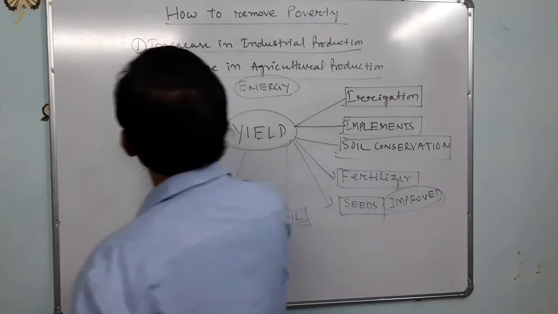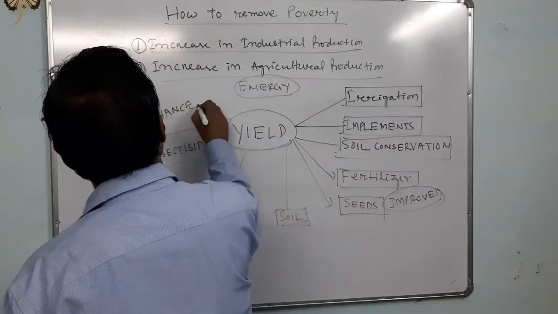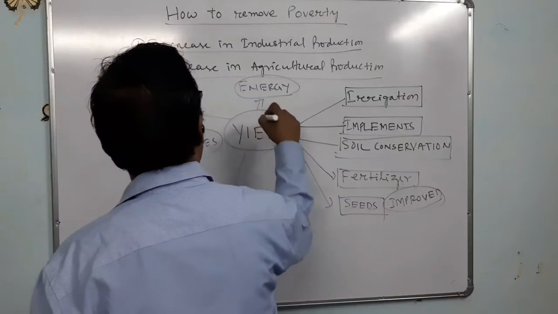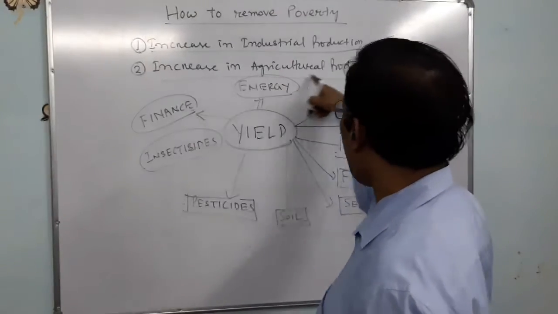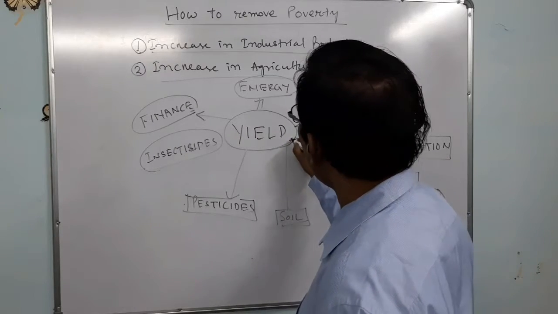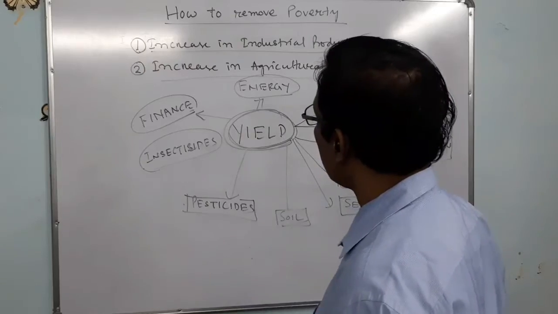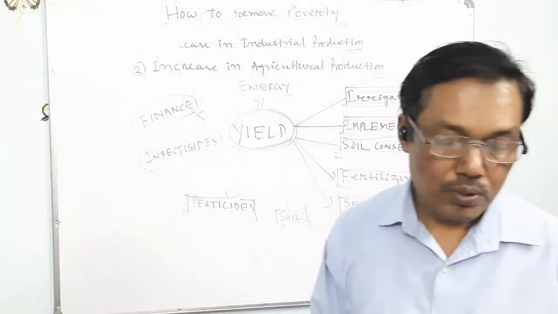Among all of them, one is finance facilities also. Finance facilities, this is also a most important factor. All these are the sites which are required to produce maximum yield, maximum production by farmers, then farmers can increase agriculture production.